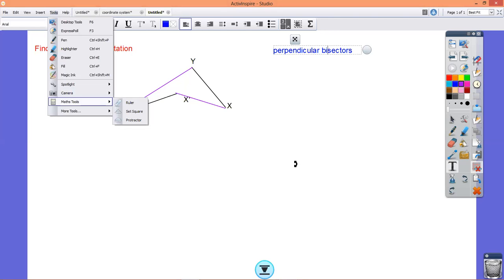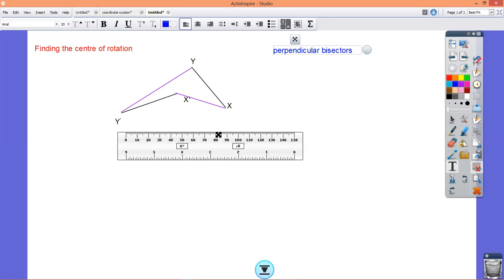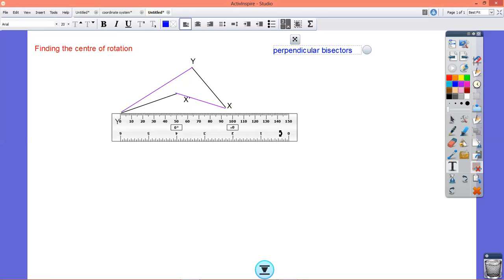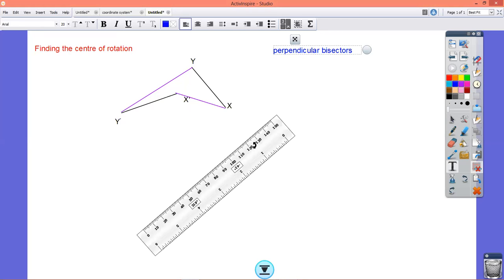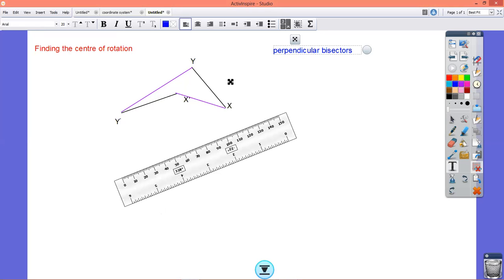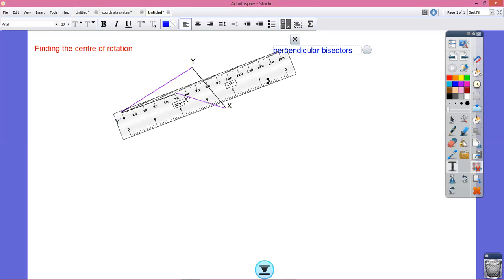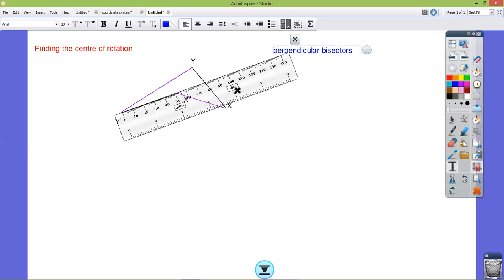The ruler first, the middle points. Here 2 and 5 will be half.